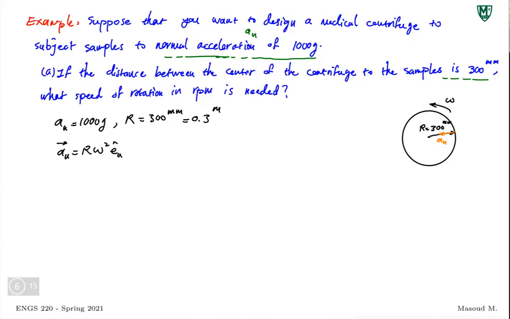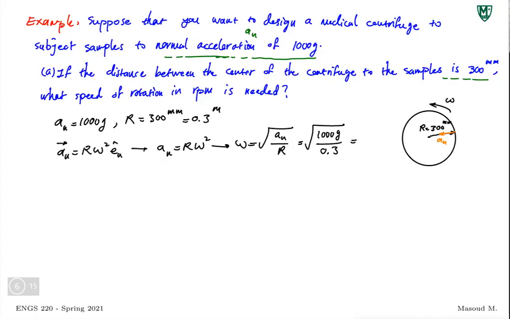But in terms of magnitude, AN is just R omega squared. Now from there, you can find omega. Omega is the square root of AN over R. So the square root of 1000 G divided by R, which is 0.3. And that'll give you the angular velocity.